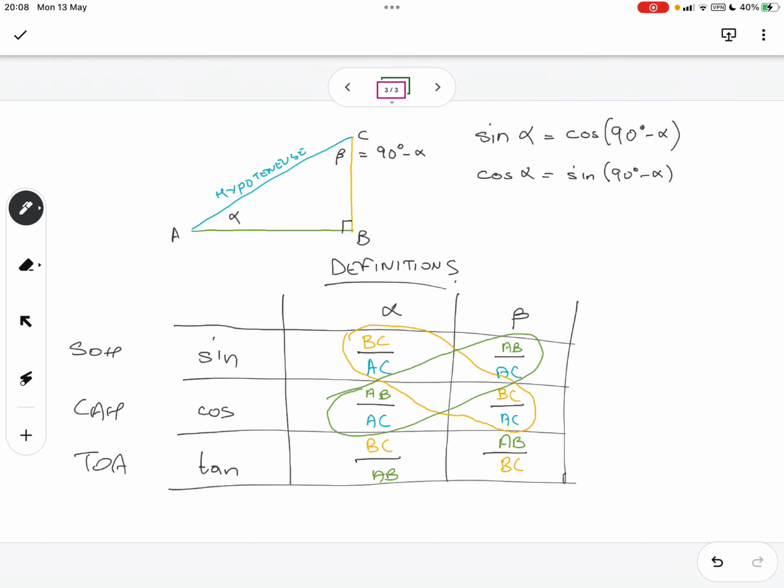So these are the co-functions in grade 12, and how they manifest. Maybe later on, when we get the hang of trig, we'll revise this part. But what I wanted to bring to your attention is that 90 degrees minus theta is in one quadrant.